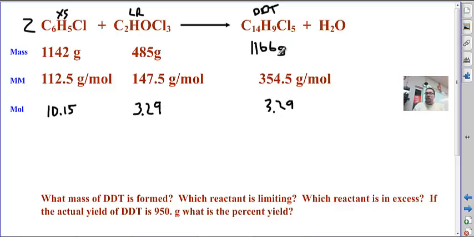Okay? Now, my percent yield. What is my percent yield? Well, remember by the formula, it's what I did experimentally, which down here told me was 950 grams, divided by what I could have gotten calculated in theory by stoichiometry, which is 1,166 grams.